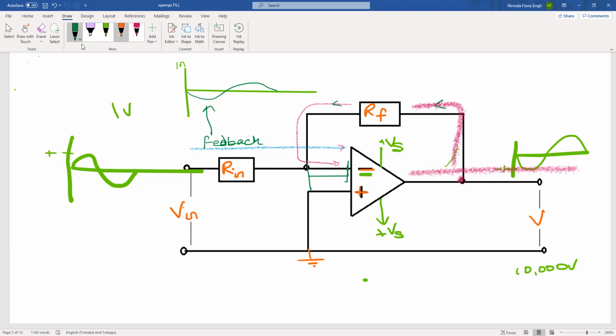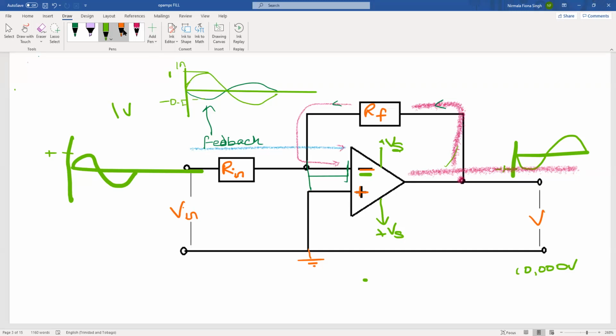Very good. It will be smaller because if this is your original positive signal, suppose, let's just put in some numbers. Suppose this is 1, and let's say this is like minus 0.2 or something. 1 plus minus 0.2 will give me 0.8.